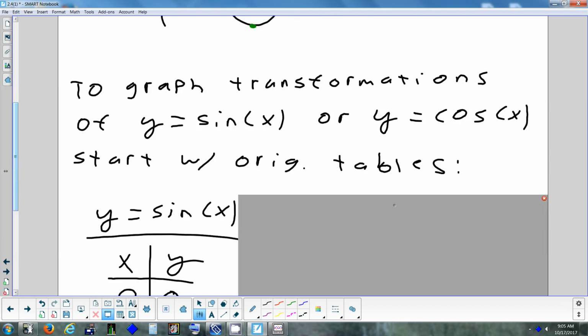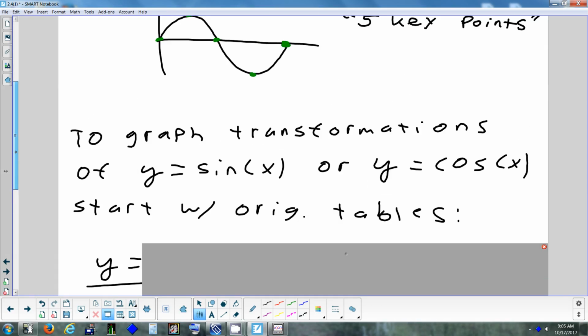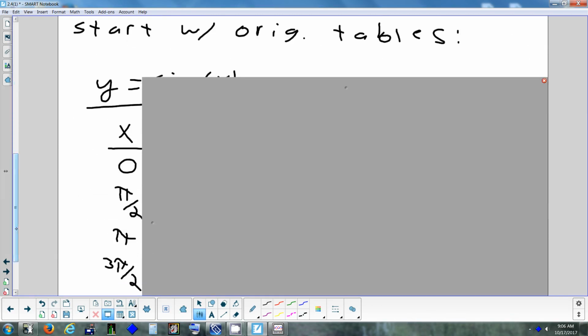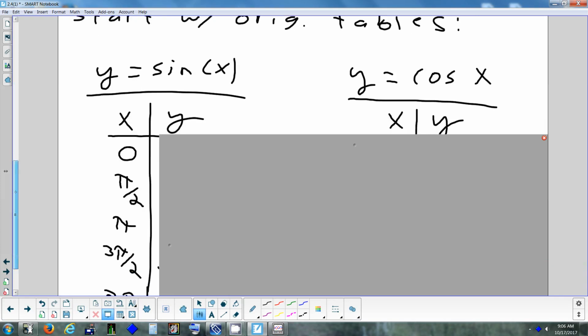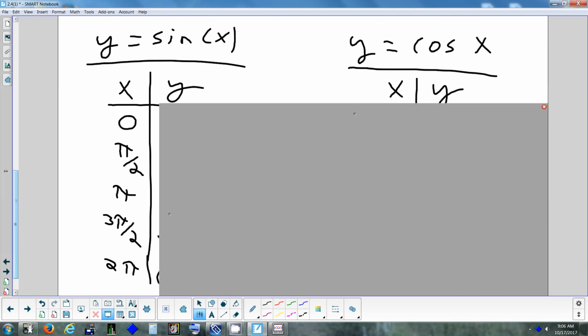Okay, so let's start with sine. And I showed you the x values that I picked. Now, these x values, they're not just random numbers. They're nicely spaced numbers. 2 pi is 360. 0 radians is the same as 0 degrees.